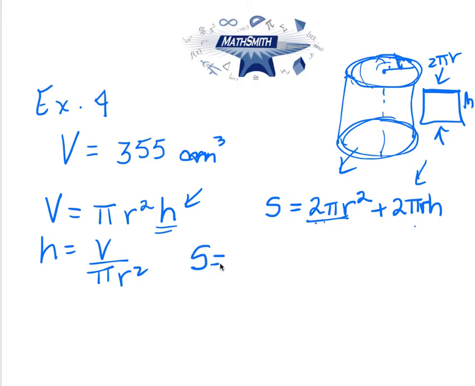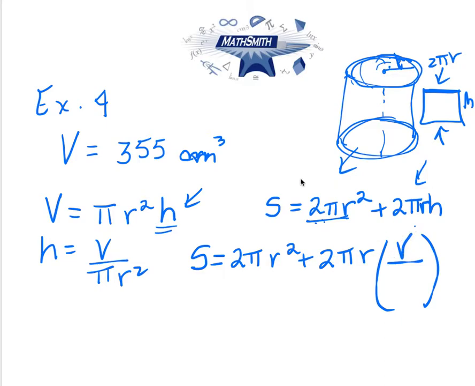So we've got surface area equals 2 pi r squared plus 2 pi r times h. But what is h now? It's the volume divided by pi r squared, and in fact, they're using the actual volume of 355. So it's really 355 over pi r squared.